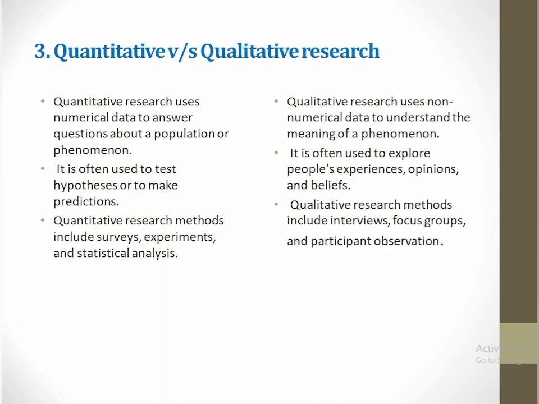For this purpose, we use quantitative statistical approaches like correlation analysis, regression analysis, time series analysis, and we can perform tests like t test, z test, chi-square test, ANOVA, etc. Quantitative research methods include surveys, experiments, and statistical analysis. So we can collect quantitative data by surveys, experiments, and statistical analysis.